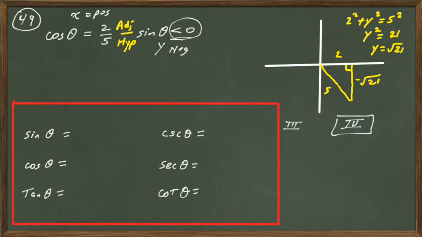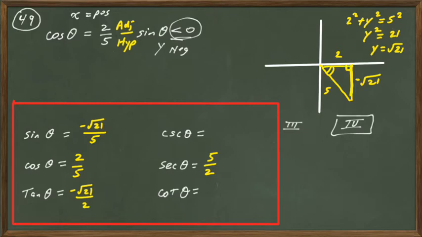Now if they give us the cosine to be 2/5, you should know the secant is its reciprocal, 5 over 2. Now from the other ones, sine is opposite over hypotenuse. So opposite, here's my angle, opposite is this over hypotenuse, 5. Tangent is TOA, opposite over adjacent, which is 2.